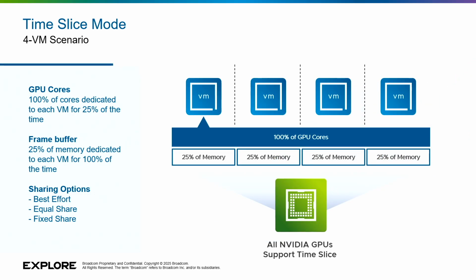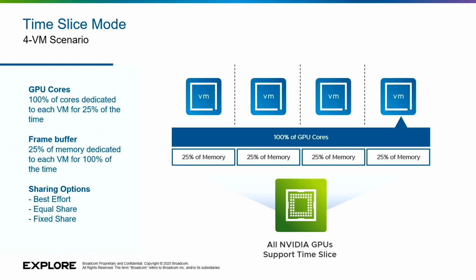Two approaches, time slice and MIG, as you saw in the previous slide. With time slice, we're doing exactly what it sounds like. We're slicing up time on those cores. So each of these virtual machines in this 4 virtual machine scenario that is leveraging this single GPU below is going to get a quarter of the time of 100% of the GPU. So 100% of those cores are allocated to the first virtual machine, and then for a fraction of a second, the second virtual machine and the third virtual machine and so forth, and then back and forth.